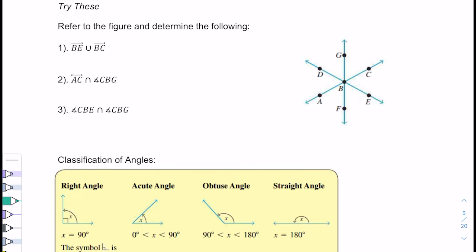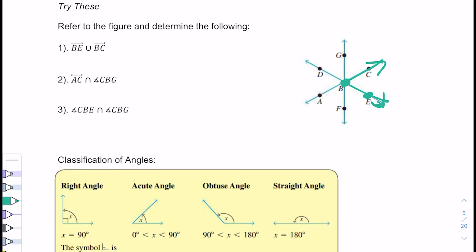So in this first example, it's asking us, what's the union of ray BE and ray BC? Okay, so ray BE is this ray here. So it's got a beginning, no end. And ray BC would begin at B and go towards C. So what's their union?